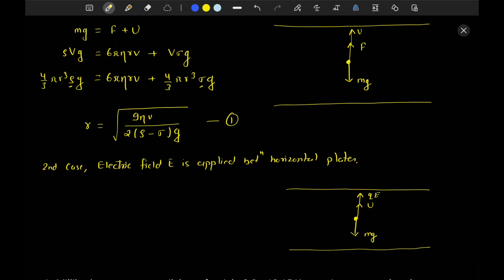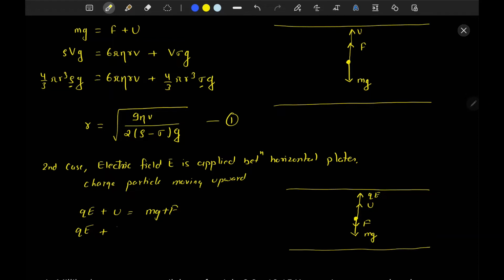So here we consider the charged particle moving upward. In that case, the viscous force will be opposite to the motion, downward. So at equilibrium, when the charged particle attains terminal velocity, the total upward force will be equal to the total downward force.